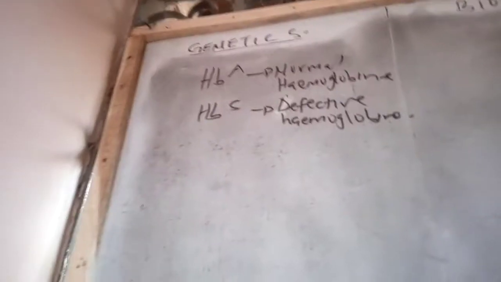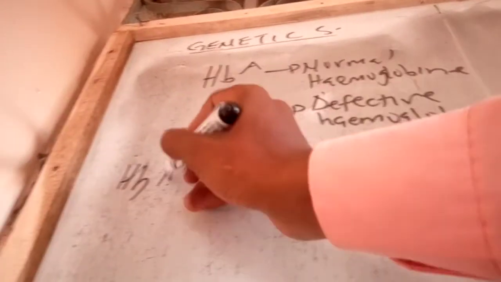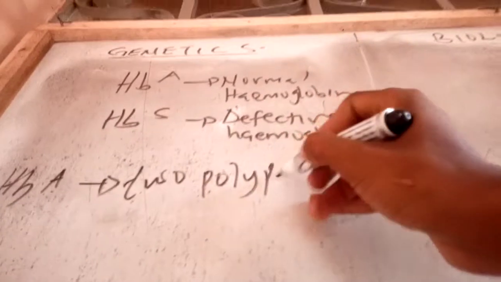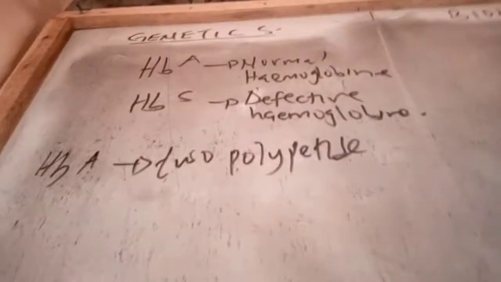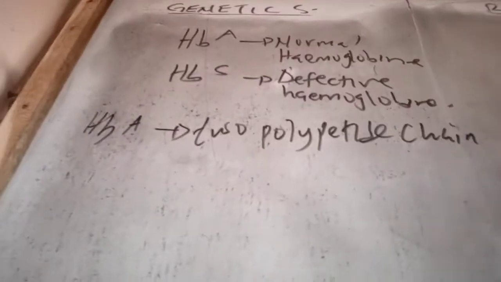The normal hemoglobin, that is HbA, is made up of two polypeptide chains, and this is found in the normal human being who does not have this disorder.